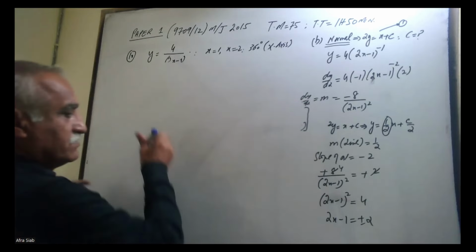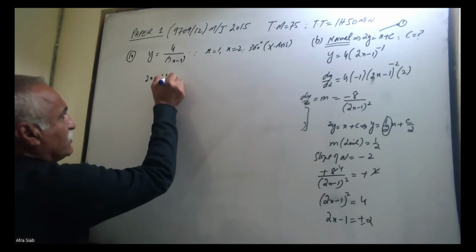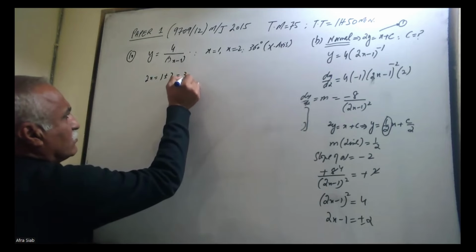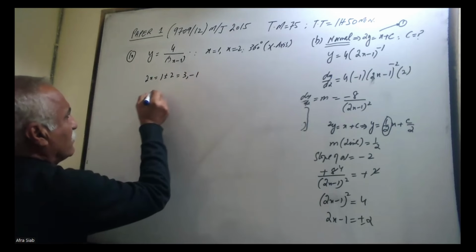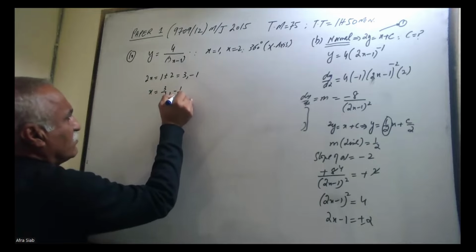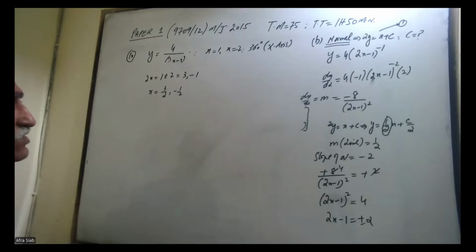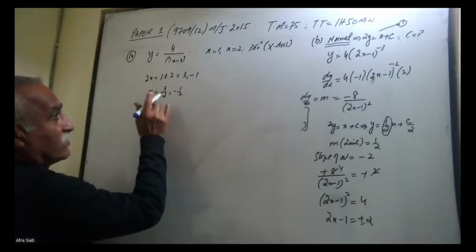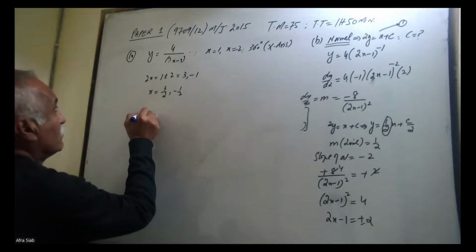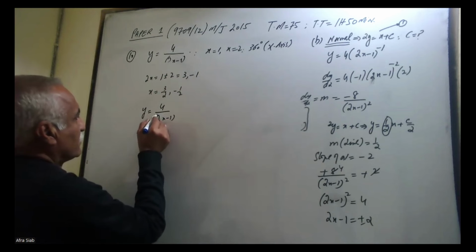So 2x is equal to 1 plus minus 2, so that thing is equal to 3 and minus 1. Our x value is equal to 3 over 2 and minus 1 over 2. So we can find out the value of c when x is given there. The y value is equal to 4 over 2x minus 1.